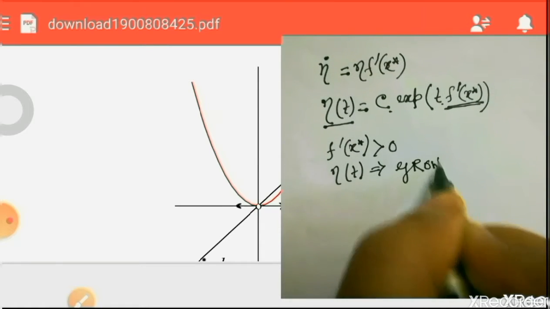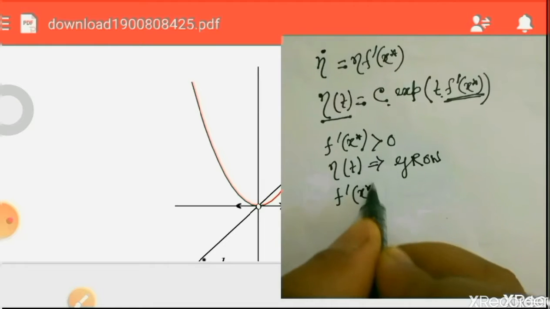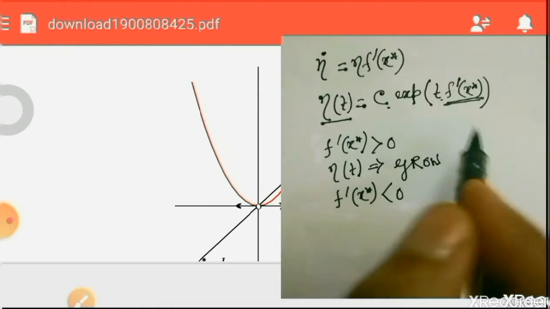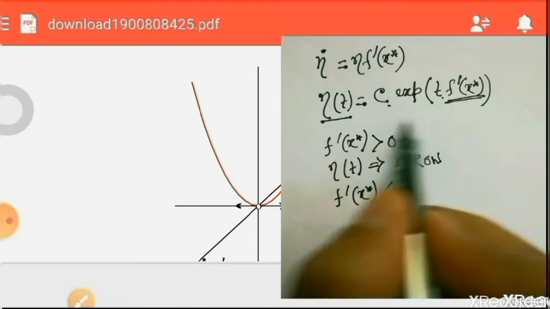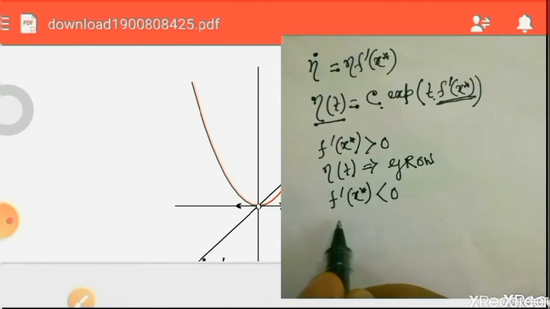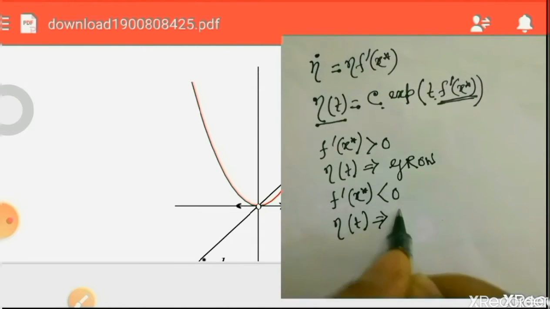If f prime x star is less than 0, then this becomes a negative quantity, and so eta t will decay.